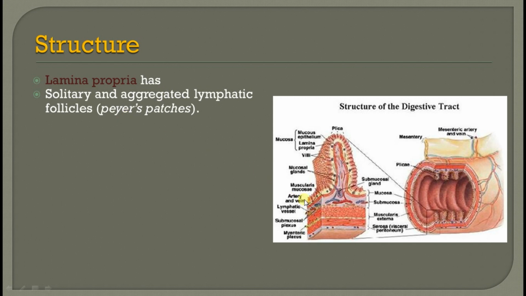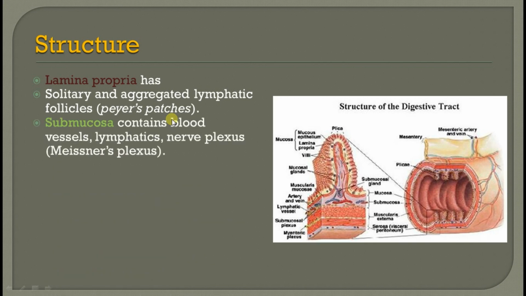As I told you, they might be solitary or aggregated lymphatic follicles, which are called Peyer's patches. They produce lymphocytes as well as plasma cells, mainly responsible for fighting any microbial invasions. So they are mainly for immune purposes.